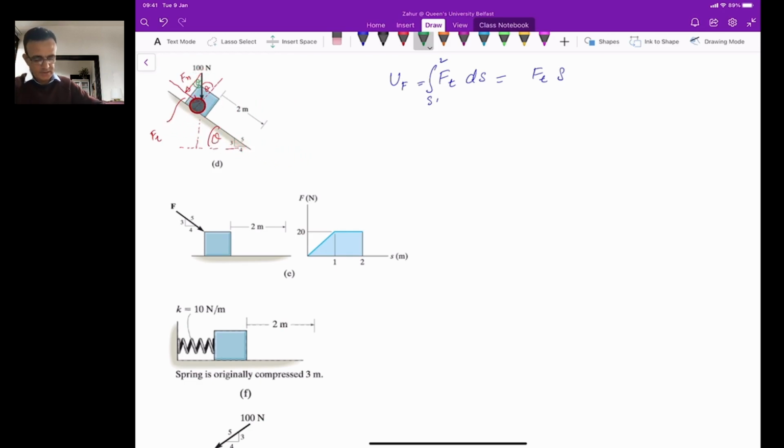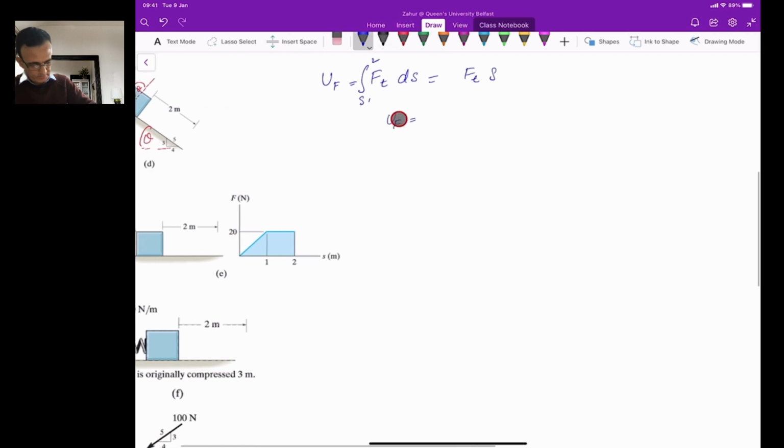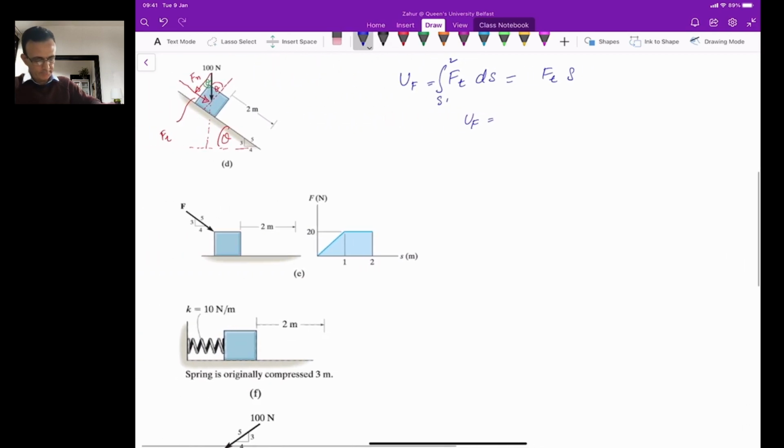So if this is angle theta, then we can calculate the work UF here, which will become Ft times S. So Ft will become 100 sine theta into S, which is 2.